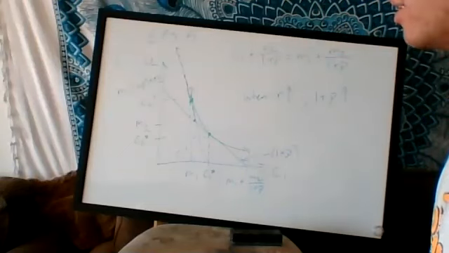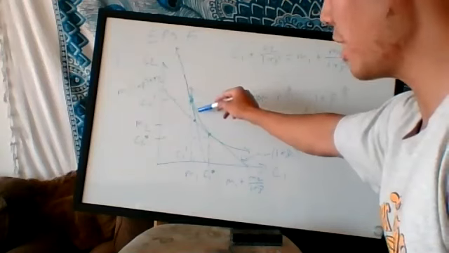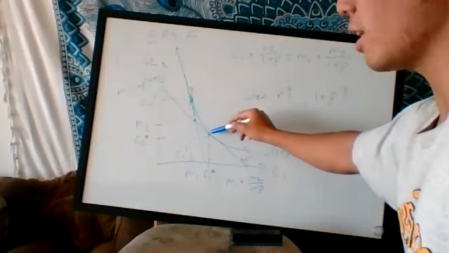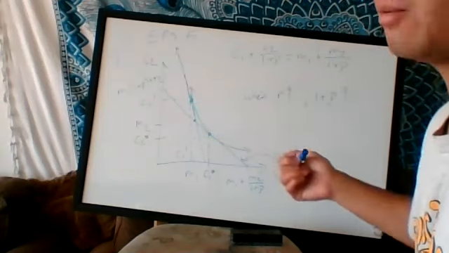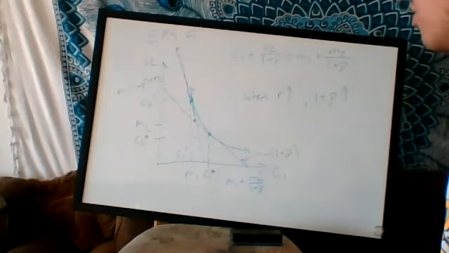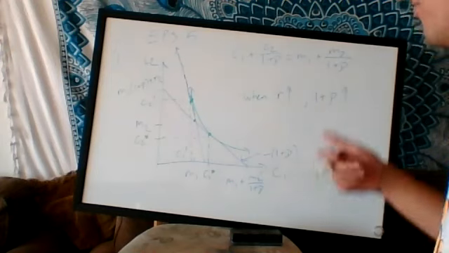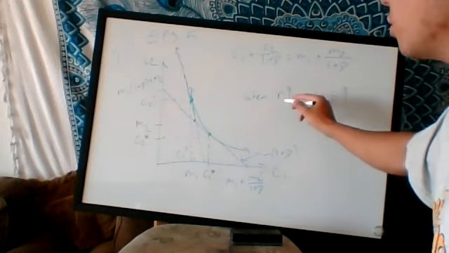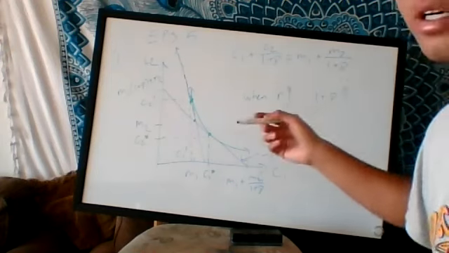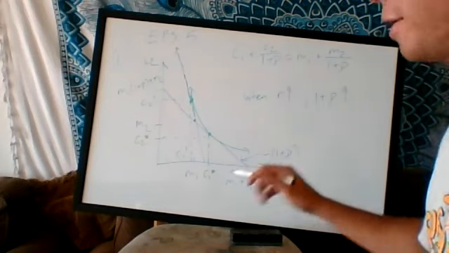What we also know is that it has to be on the same indifference curve as the optimal point before anything happens. And so how we draw this change is, first, we recognize that when the nominal interest rate increases, we assume that everything else stays the same.